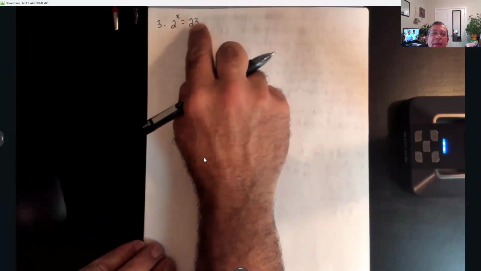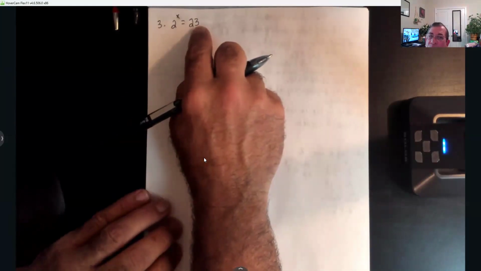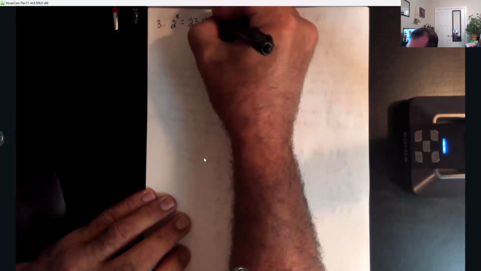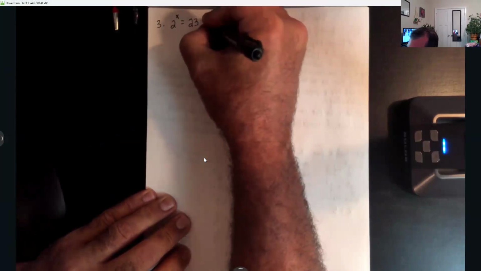And so y'all just start multiplying 2 times itself. 2 times 2 is 4. 4 times 2 is 8. 8 times 2 is 16. 16 times 2 is 32. So that's already too big. So I cannot rewrite 23 using a base of 2. So we cannot rewrite.